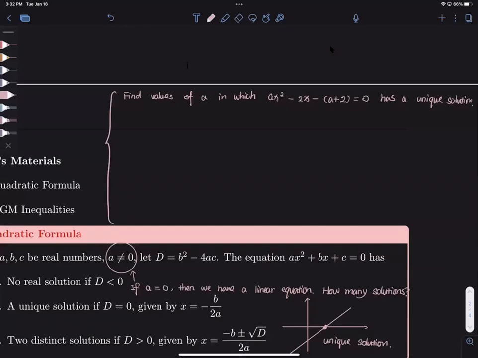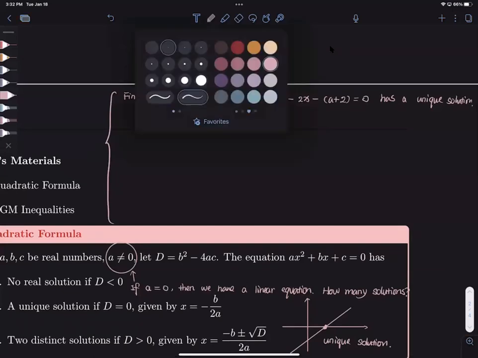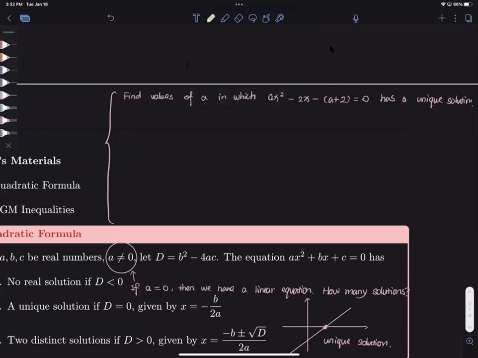Why is that? Because if you have this question, you think, oh, quadratic equation, it has 1 solution when the discriminant equals 0, right? You will say, oh, unique, 1 solution. That means D equals 0. That is correct. However, when A equals 0, you would also have a unique solution. So there are 2 different cases.